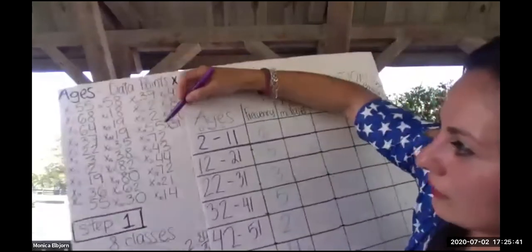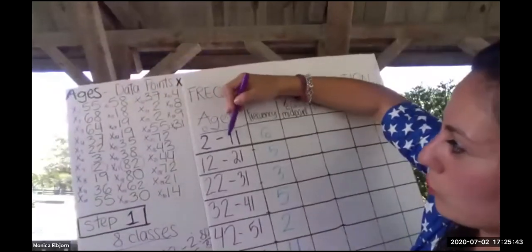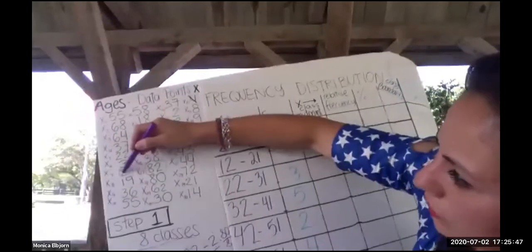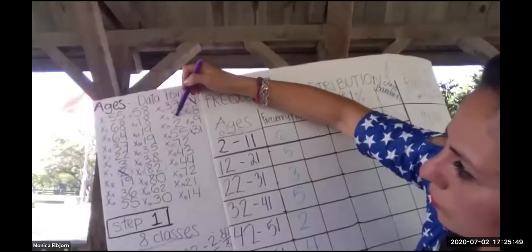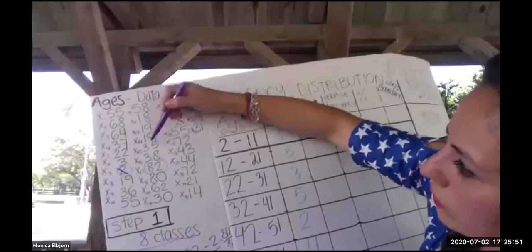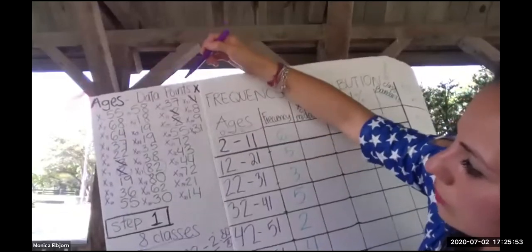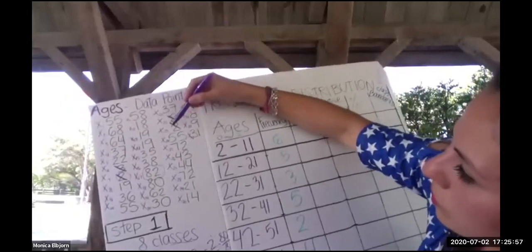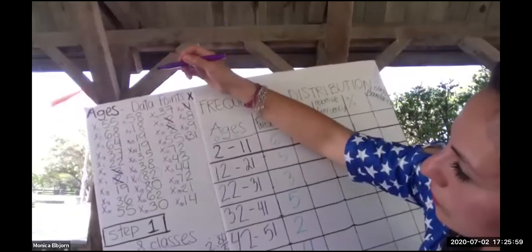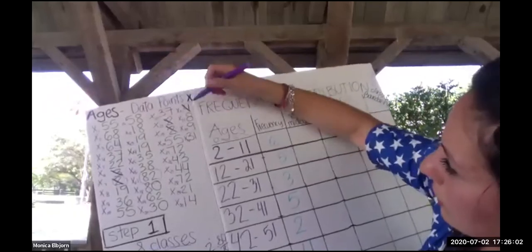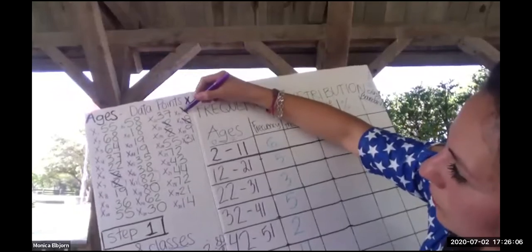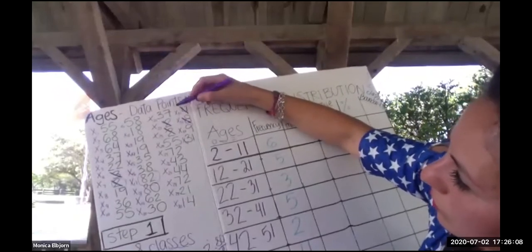How did I get the frequency? I start counting this one. So from 2 to 11, I got 6. So it's 1, 2, 3, 4, 5, 6, and then 6. Well, there was another one, so there should be 1, 2, 7, right?